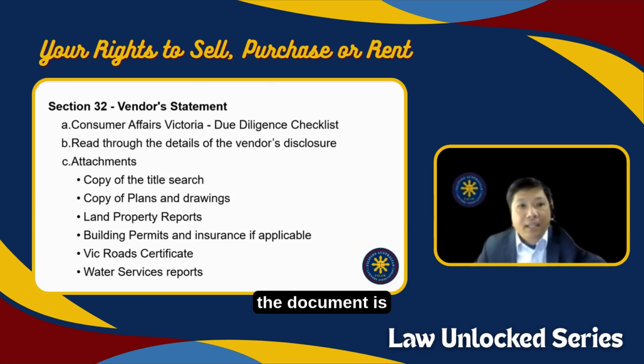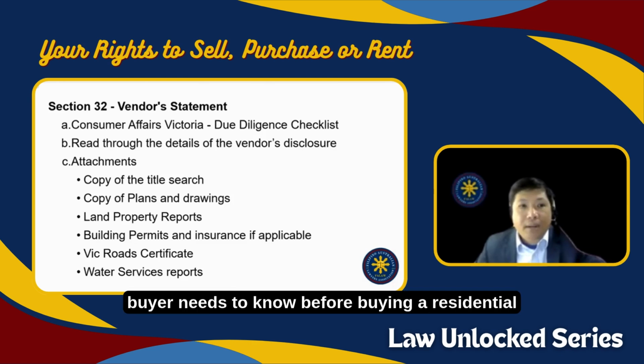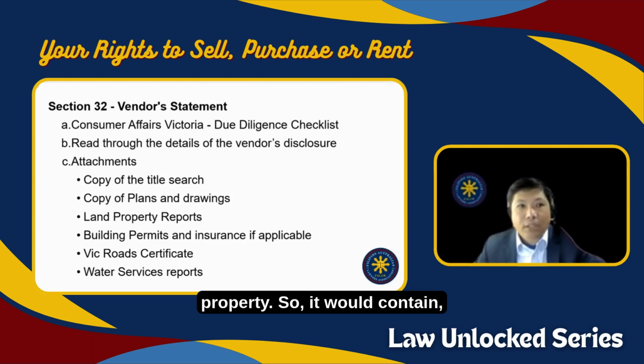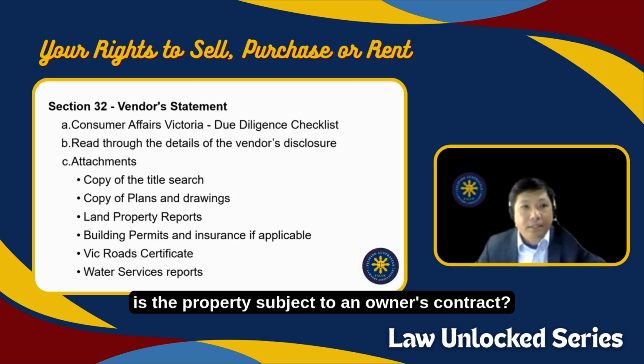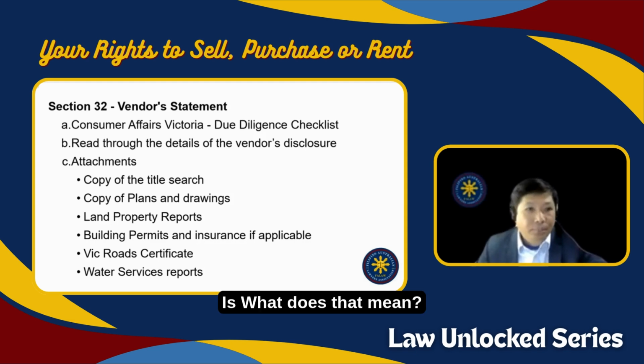Now the document is a checklist prepared by Consumer Affairs, right? And the checklist basically covers what a buyer needs to know before buying a residential property. So it would contain points like, is the property subject to an owner's corporation?